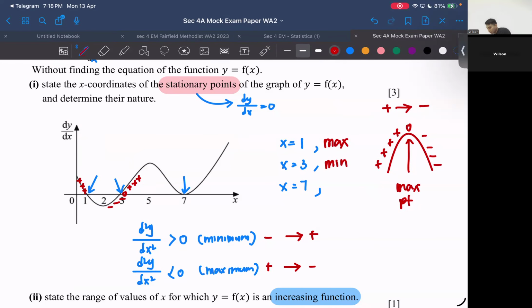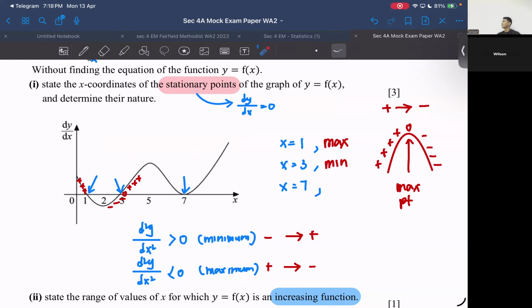Okay, can? Now, next question for the class. This one, maximum, minimum, or what? What kind of nature is this? That's a second derivative.